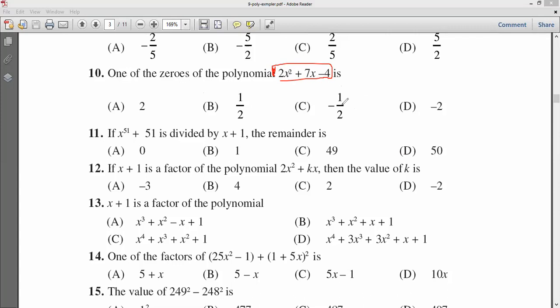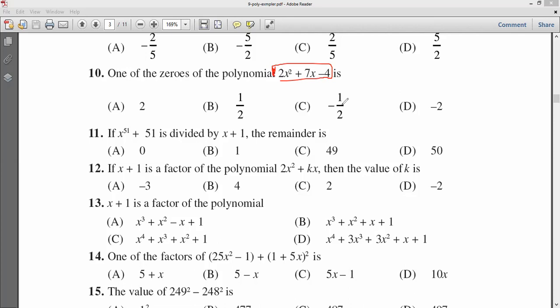Is it 2 or is it half? Is it -2 or is it -1/2? Anyone? What value of x makes the value of the polynomial 0?